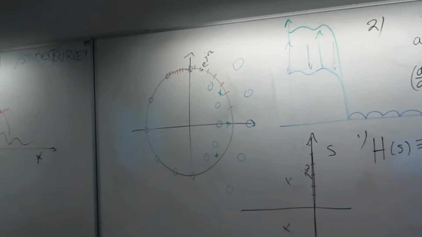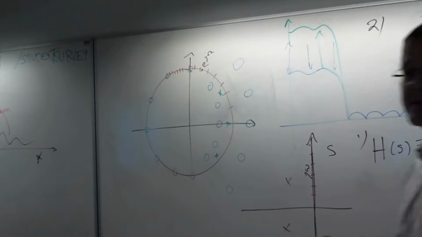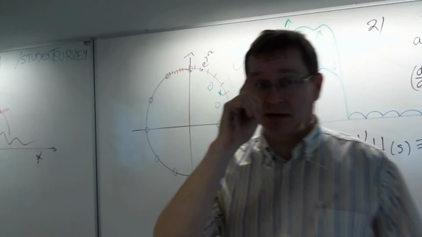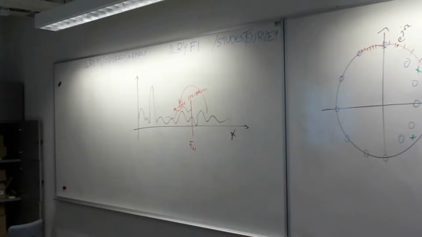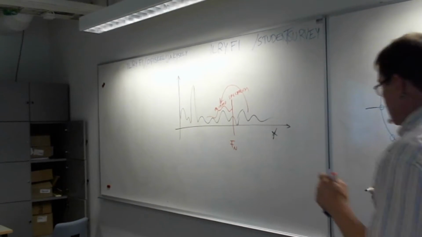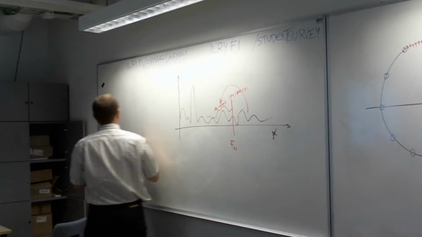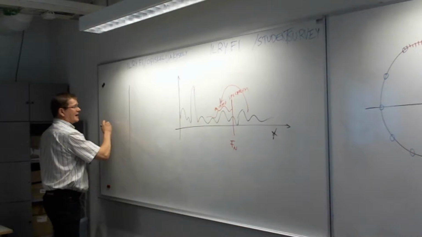Not recommended unless you are doing just one single simple design, which I think we have also in the exercise. So you can do the direct design only on one filter, and good luck with the other ones.